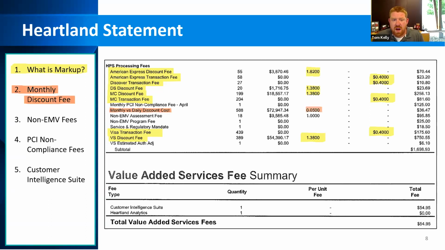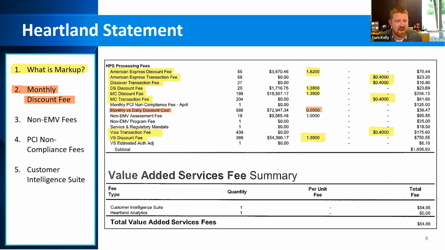Another line item that we want to highlight is this monthly versus daily discount cost. The way the industry works, again, is companies like Wind River or Heartland are paying Visa, MasterCard, Discover, and American Express on your behalf throughout the month. And then at the end of the month, they're going to charge you for all those interchange fees. There are some processors that are going to take those fees out daily.